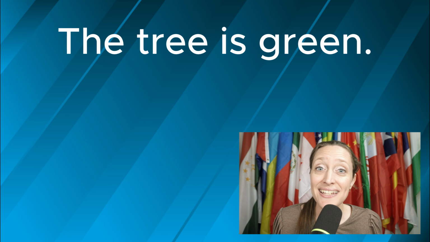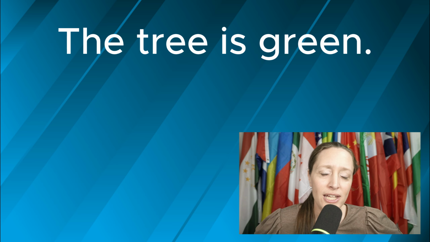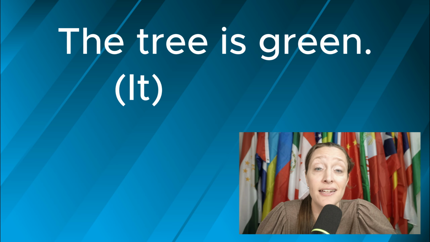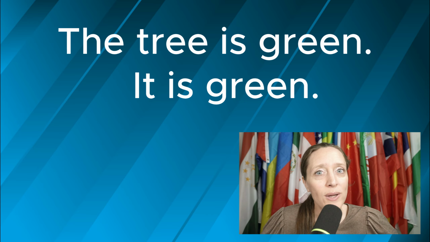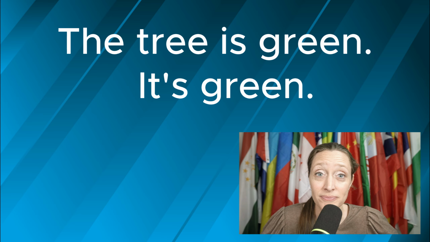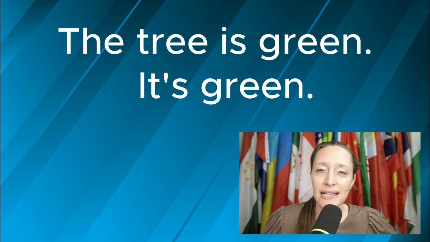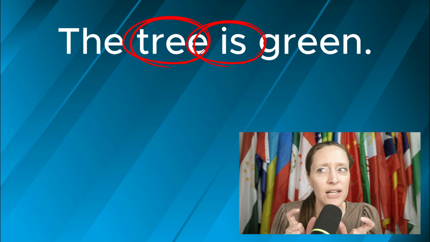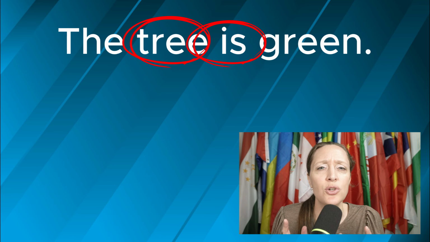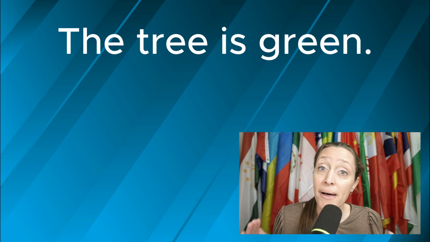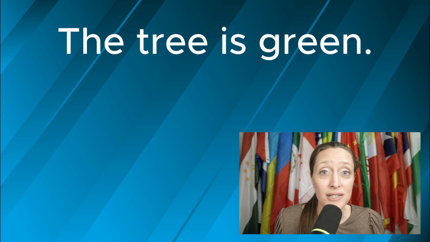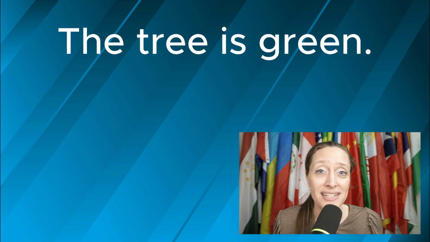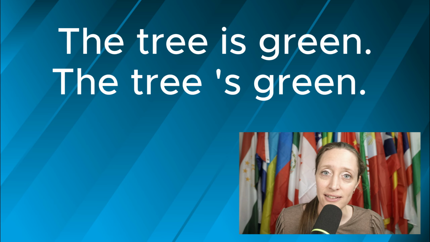The tree is green. We can use the word it instead of the tree. We can say it is green, or we can say it's green. Now, grammatically, the tree and is, we cannot make a contraction with those two words. But when we say it out loud, it will sound like a contraction, because most English speakers will say, the tree's green.